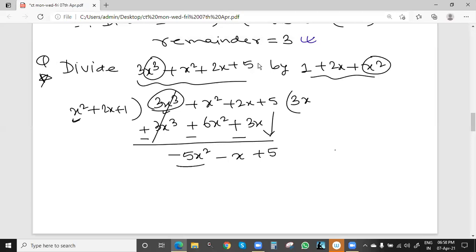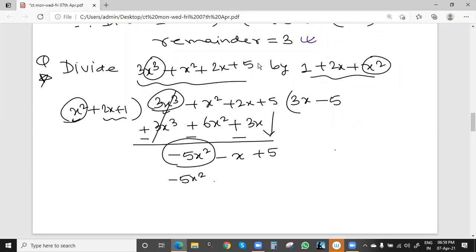Now we'll focus on the first value, minus 5x square. What will multiply with x square? Minus 5 only, because minus 5 into x square is minus 5x square, correct. But we have to multiply minus 5 with the remaining 2x and 1 also.